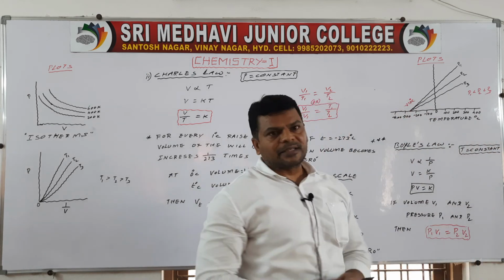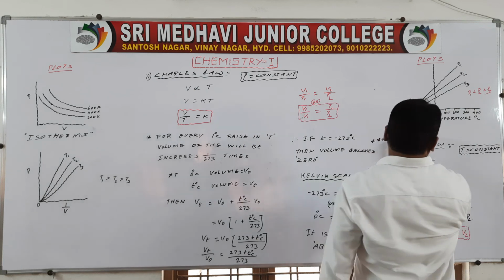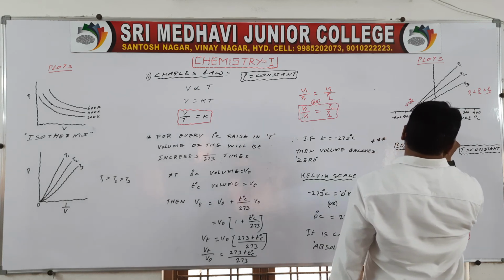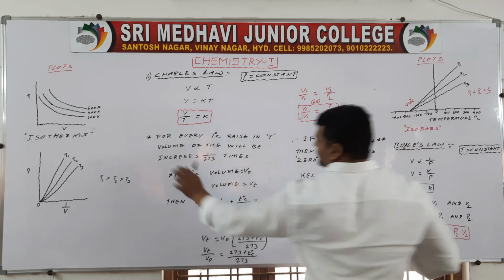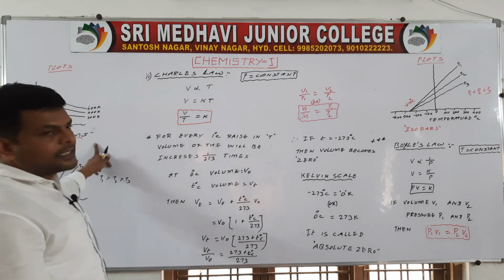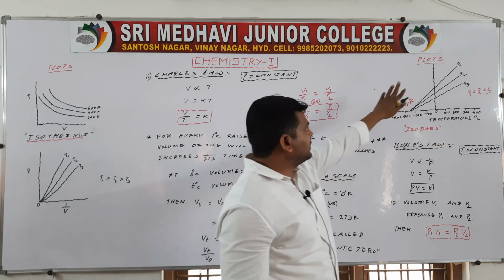So this graph is called isobars. The earlier graph was isotherms, because there temperature is constant. Here pressure is constant.